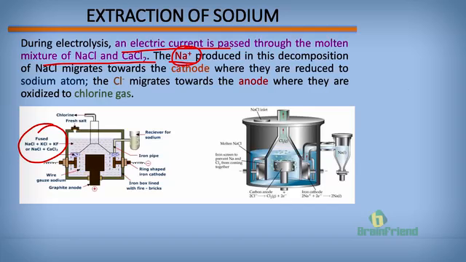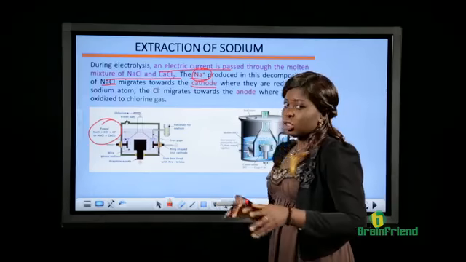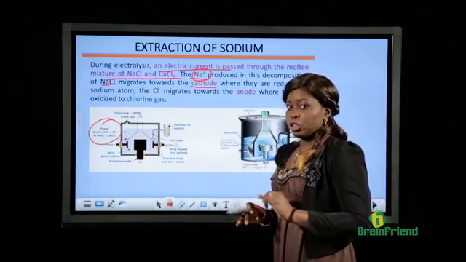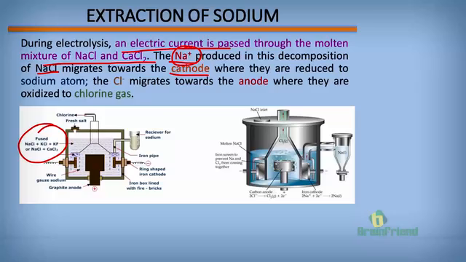And the sodium ion is going to be produced in the electrolytic cell. Now, this sodium ion produced in this decomposition of sodium chloride will migrate towards the cathode. Remember that the cathode is the negative electrode. Now, this sodium ion produced is positive. So, it is going to migrate towards the negative electrode, which is the cathode.